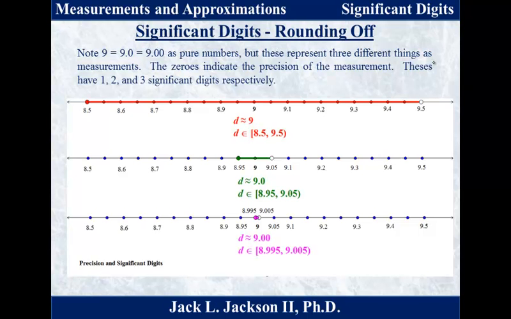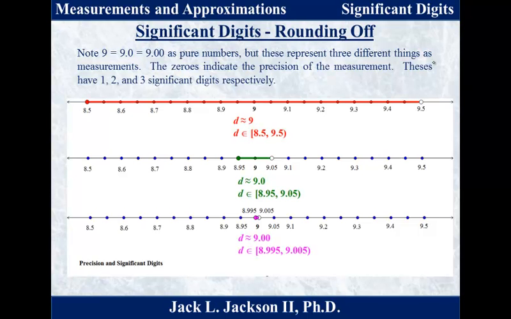So that 9.0, since it's the same number as 9, those are equivalent measurements, equal measurements as pure numbers, but as measurements, that 0 is there not as a placeholder, but the only reason to put it there would be to show that we had really measured this to the nearest tenth.